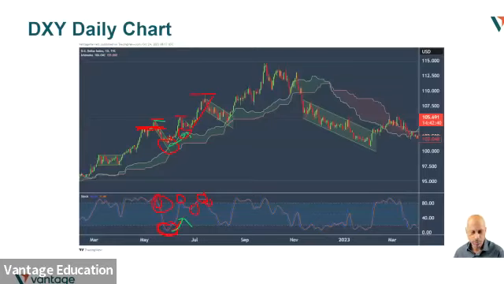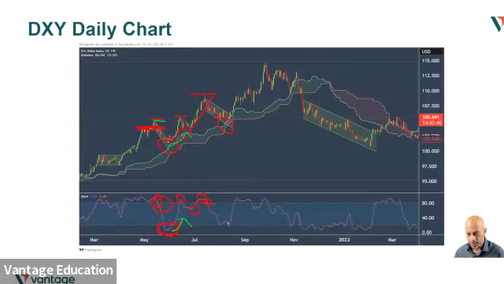And also we saw price coming very close to finding support once again above the bullish Ichimoku cloud. So this is how we can use the stochastics, the swing high, and the ascending trend line here to identify a potential swing short position, trade idea for the dollar index here.